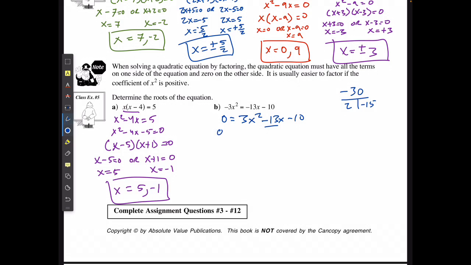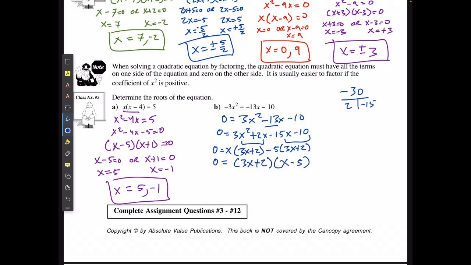So I'm going to say that 0 is equal to 3x squared. I'm going to split up that negative 13 into plus 2x minus 15x and minus 10, factored by grouping, and I'm going to say x and 3x plus 2 and negative 5 and 3x plus 2, or 0 is equal to 3x plus 2 and x minus 5.